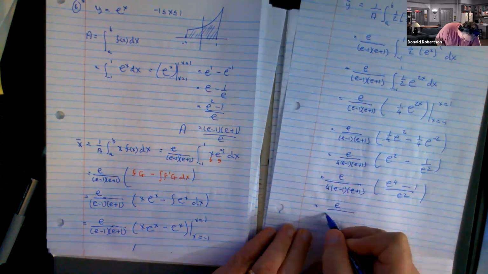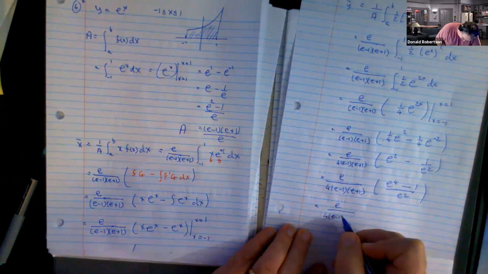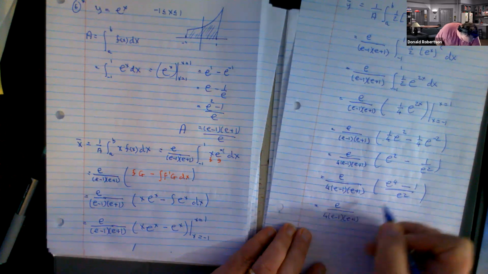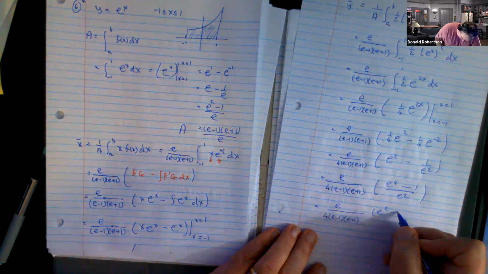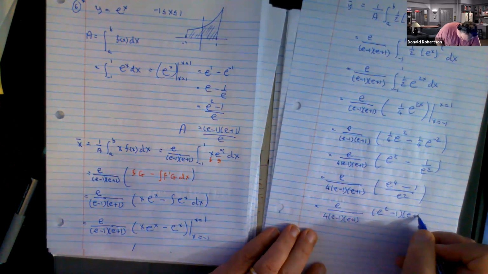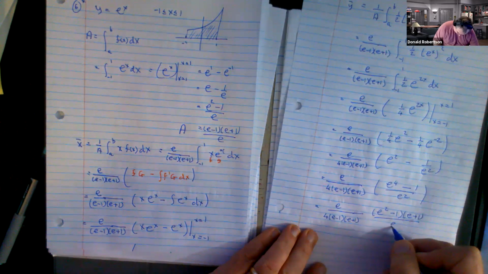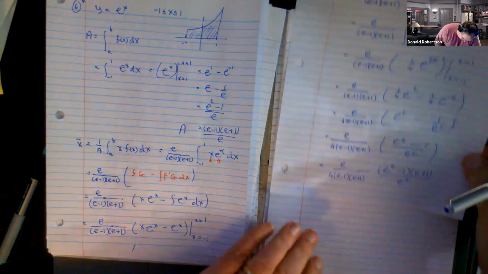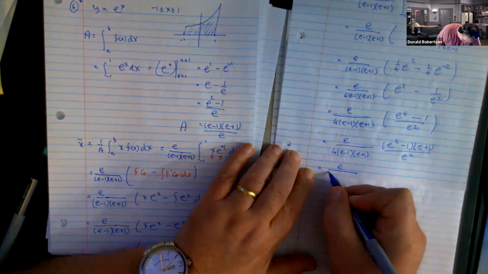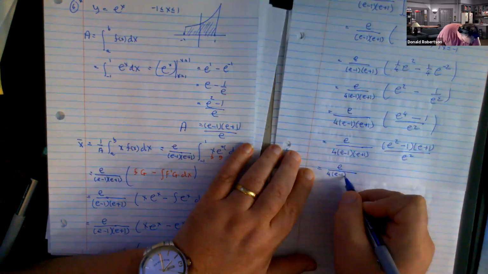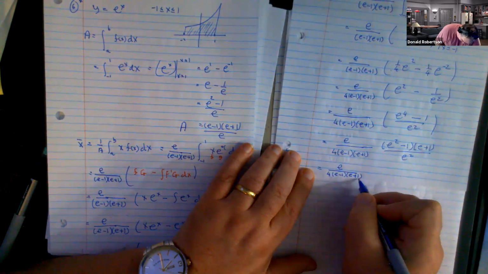And then I notice that e to the 4, this guy, is actually e squared minus 1, e plus 1. Then I notice, even better, that it can simplify by factoring it just a little bit further.